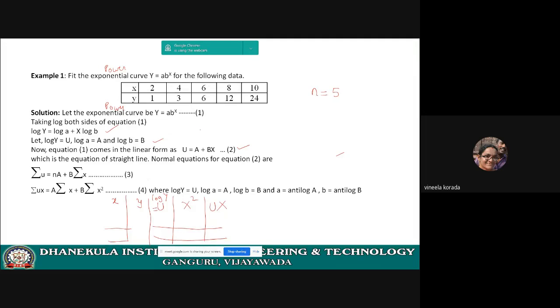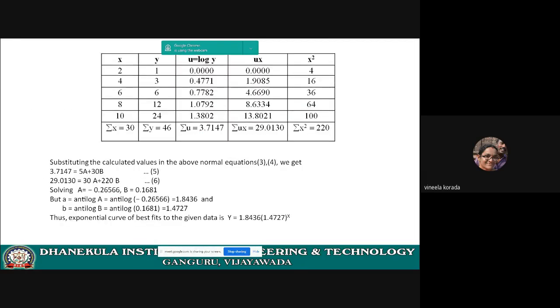Apply log in your calculators. Give me the values. Yes, these must be the values. Remaining columns must be given with the totals.